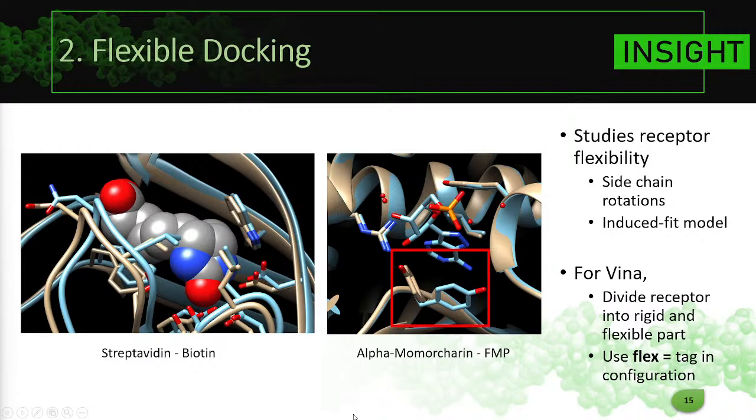You can see that in a crystal structure, upon ligand binding, this particular amino acid, that is tyrosine, undergoes a certain transformation to remove the steric clashes here and to create a new hydrogen bonding interaction here. So this is what happens naturally inside the chemical reaction.